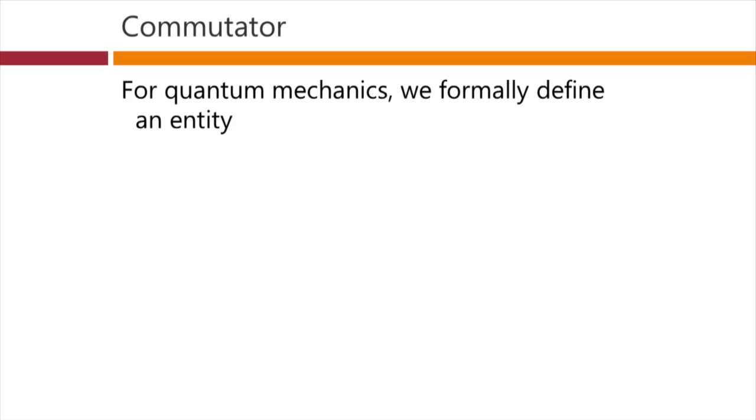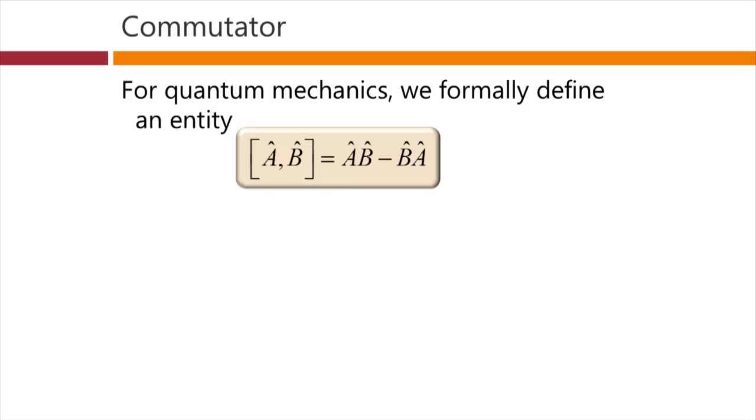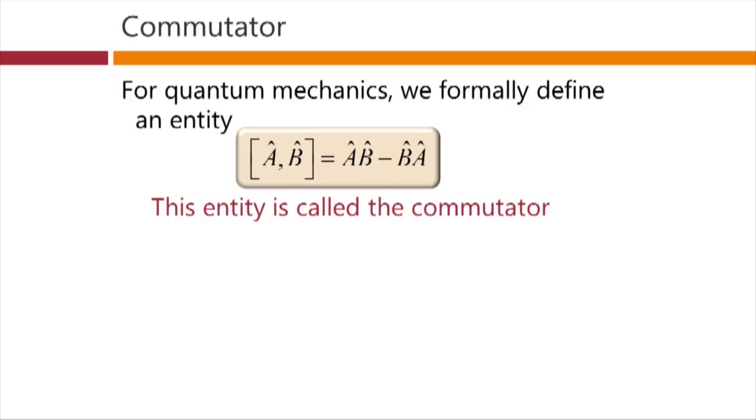For quantum mechanics, it's useful algebraically to define an entity, this entity here, which is A after B minus B after A. And we call this entity, with these square brackets here, the commutator.